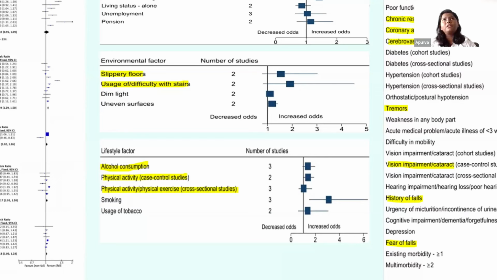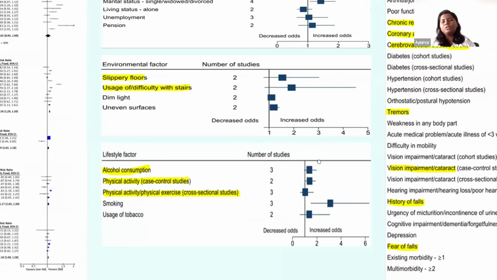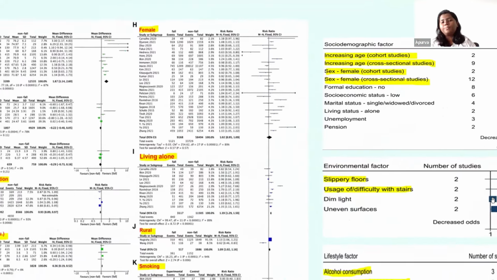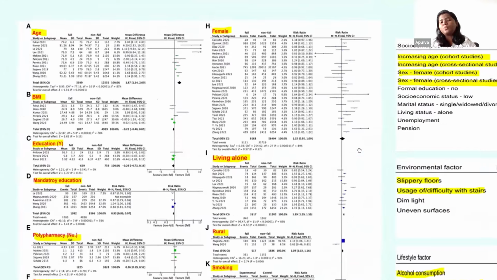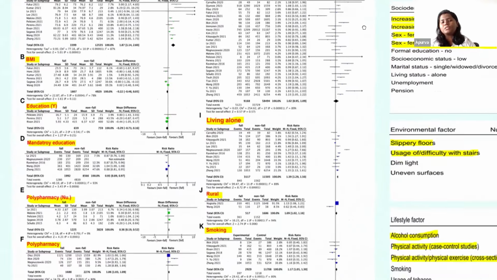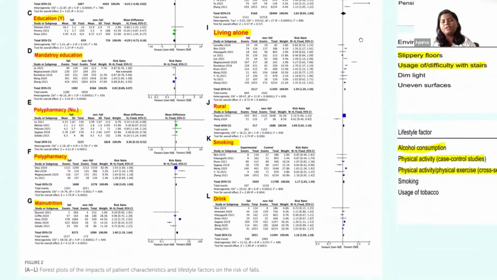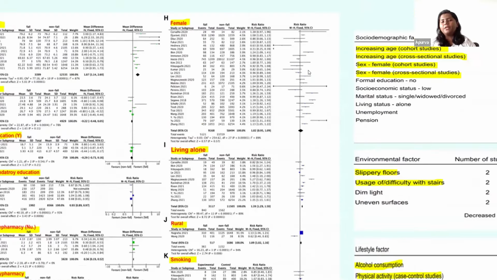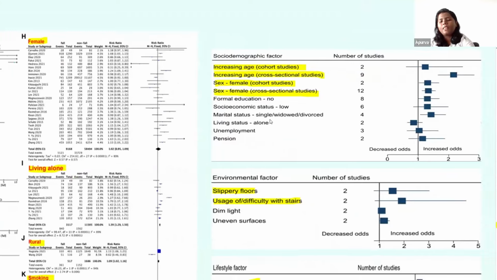Apart from that, what literature suggests is that alcohol consumption and low levels of physical activity increase the geriatric population's likelihood of fall. So these are the risk factors supported by literature, which increase our elderly population's likelihood of falls and should be taken into consideration while we provide rehabilitation to such patients.